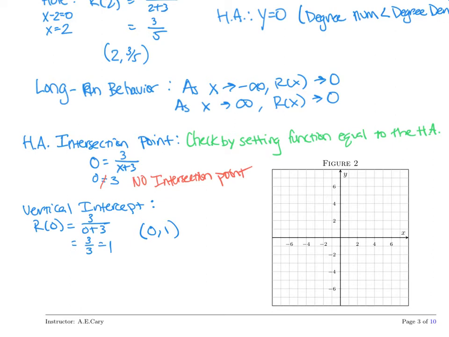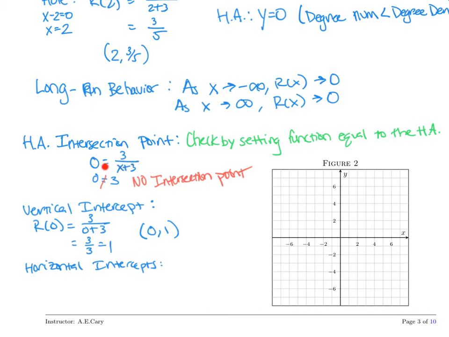The last bullet point is going to ask for any zeros or horizontal intercepts and vertical asymptotes. So for our horizontal intercepts, as you might remember from our last video, we just take the function, set it equal to 0, and see if we have anything that works. We've already done that because that's where we have our horizontal asymptote.